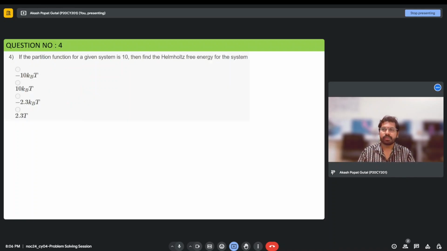Question number four: if the partition function of a given system is 10, then find the Helmholtz free energy of the system. Please try to solve this problem. Very simple.